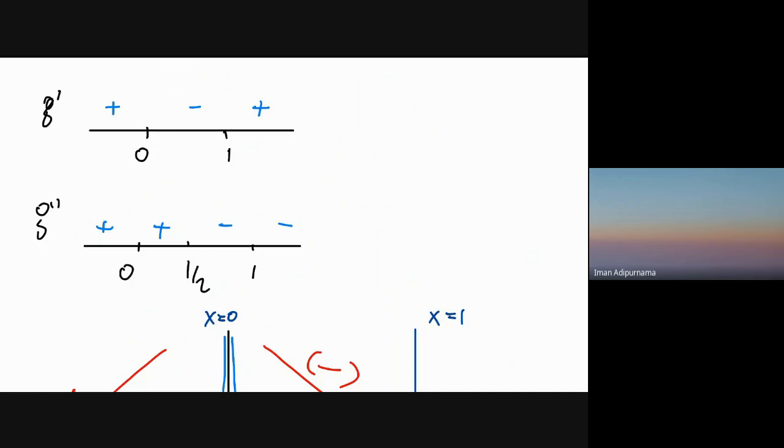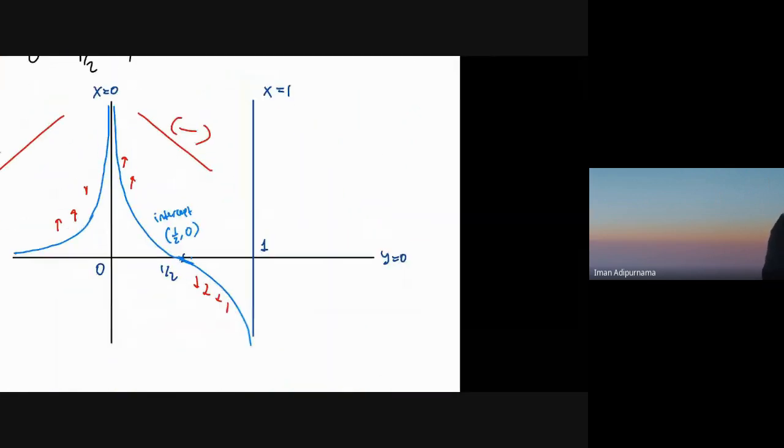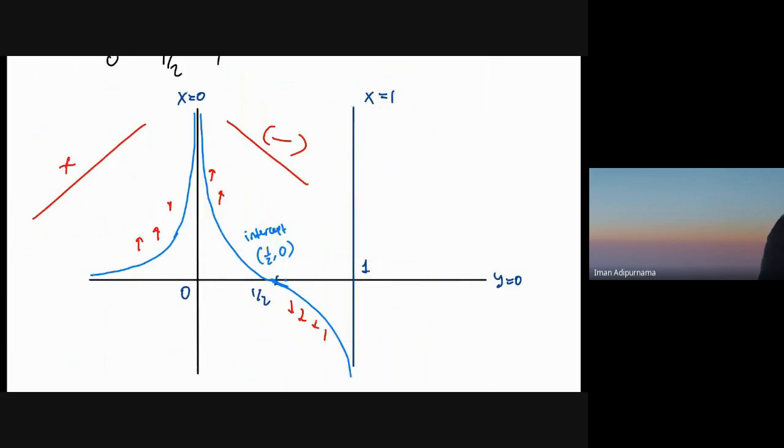So you need to have a positive slope, okay, but concave downwards. But remember the asymptote. Remember the asymptote. So you need to start from here and then going down.